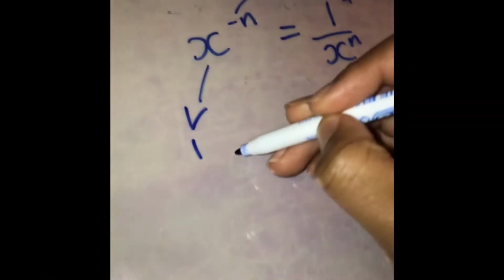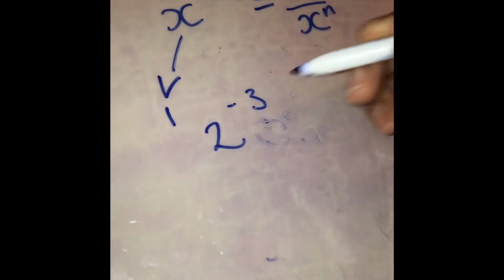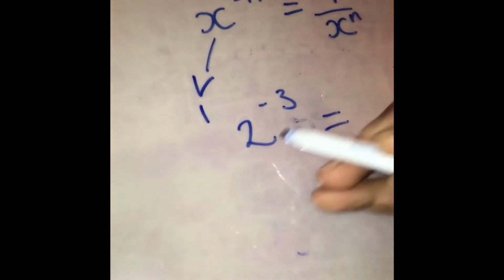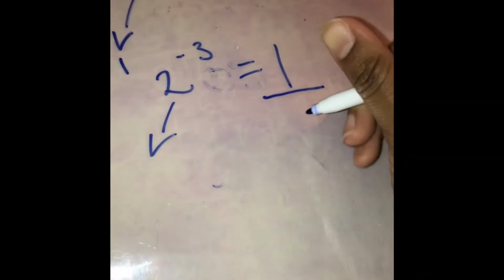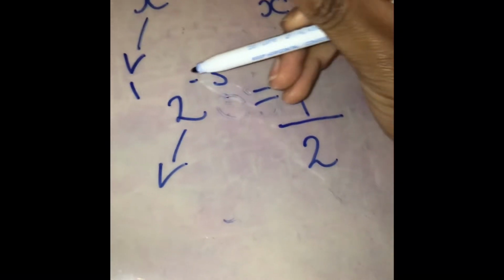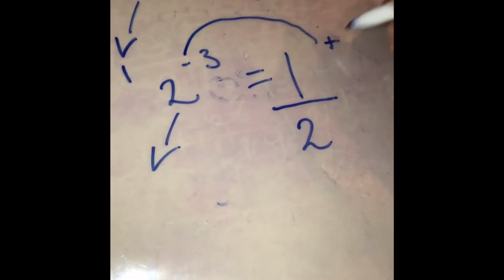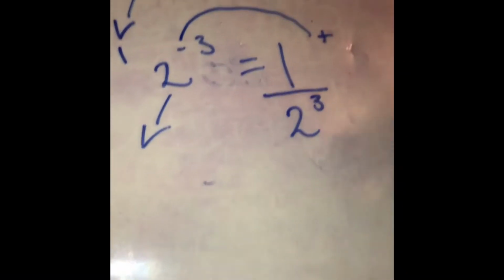Let's try another one. So 2 to the power of minus 3. There's only one 2, so 1 over 2, and the minus turns into a plus, to the power of 3.